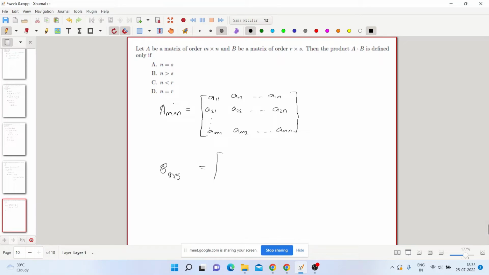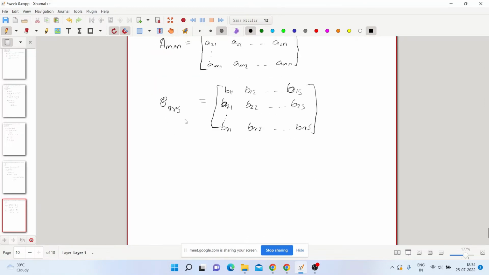So B will be B11, B12, etc., B1s, B21, B22, etc., B2s, BR1, BR2, etc., BRs.